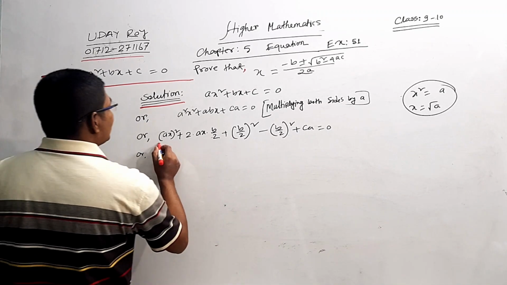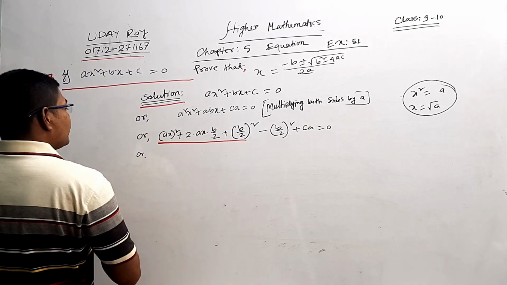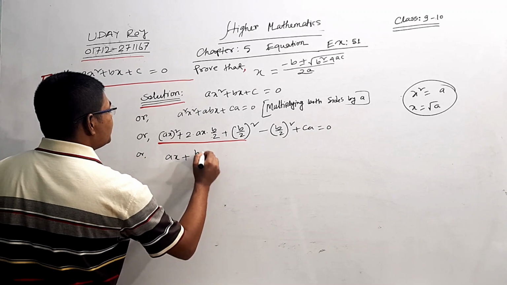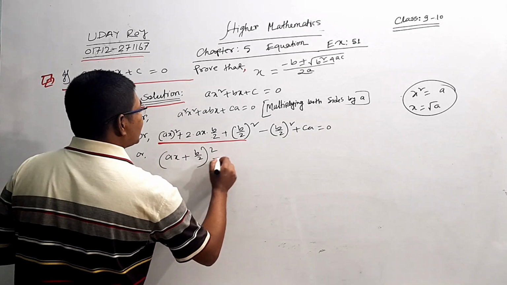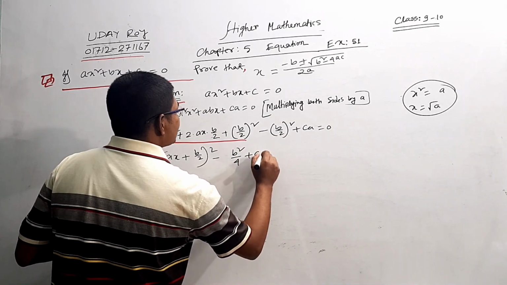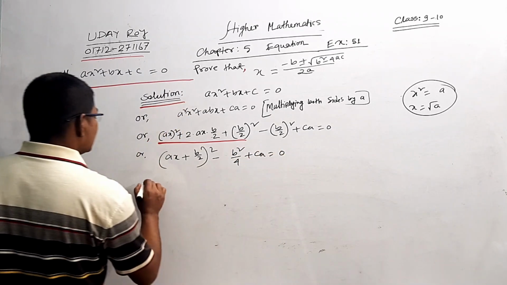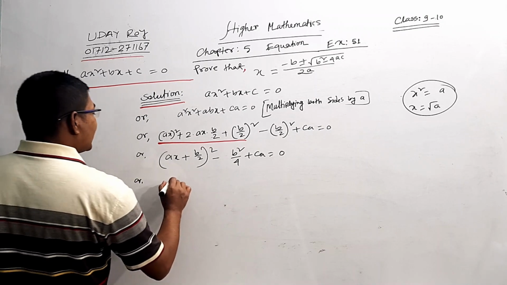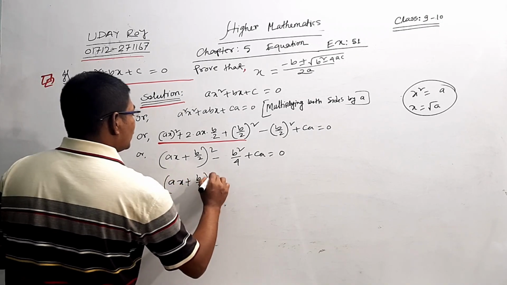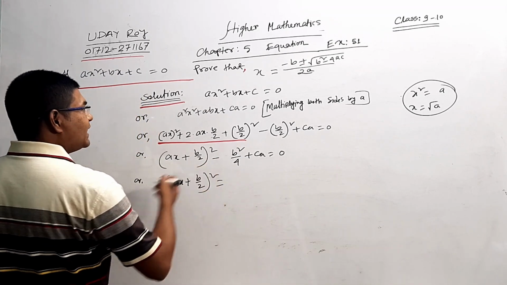So easily we can write ax plus b by 2 whole square minus b square by 4 plus ca equal to 0, or we can write ax plus b by 2 whole square equal to, here is minus.